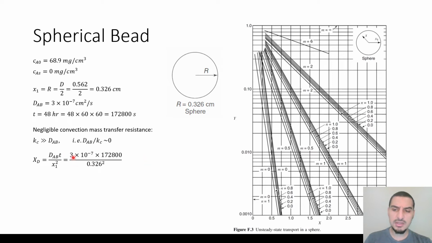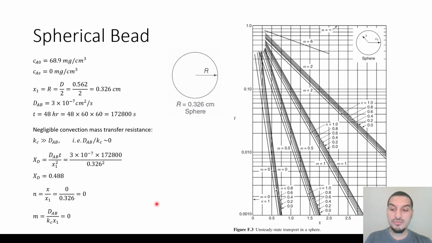It's gonna be 0.488, and I know that the mass transfer coefficient is much bigger than the diffusion coefficient. So this will make m equals 0, and n equals 0 because x equals 0, since it's at the center, so radius equals 0. I know m equals 0, and these are the three pieces of information that I want so that I can get something out of the chart.